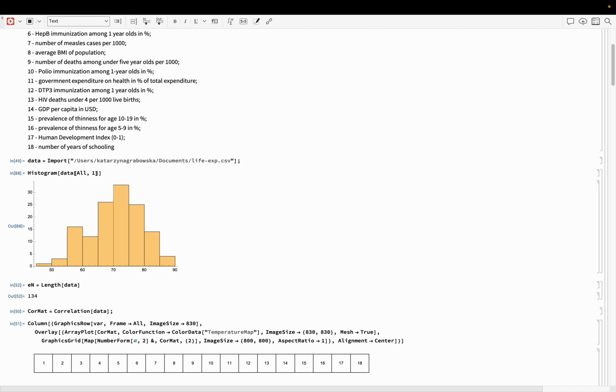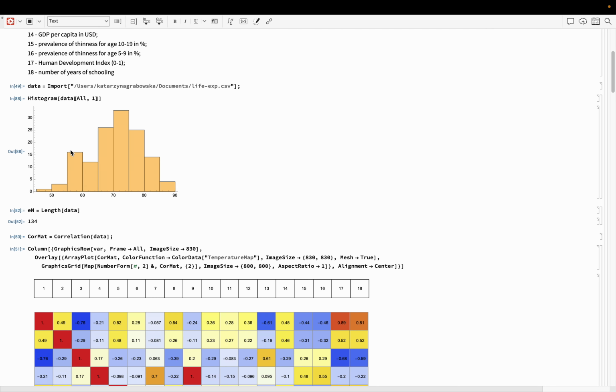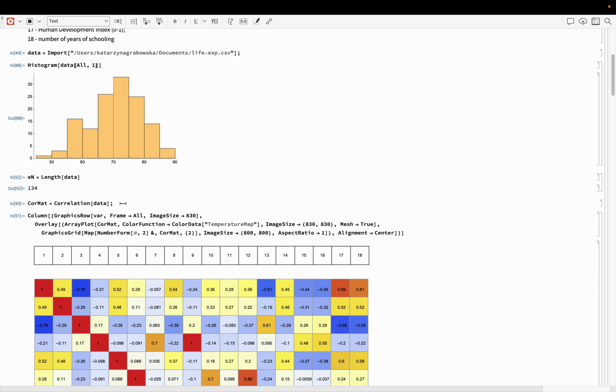Okay, so first of all, let us look at our dependent variable. Here is the appropriate histogram. No, it isn't exactly symmetrical, but we can, I think, visually reasonably assume that it is close to normal.